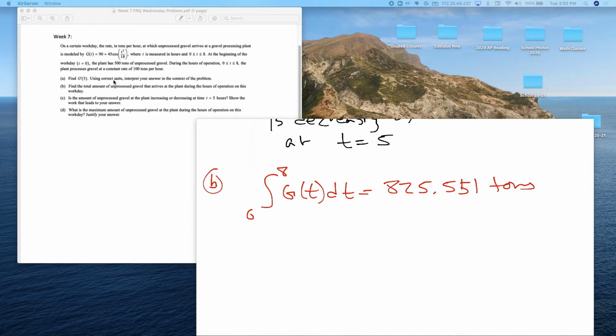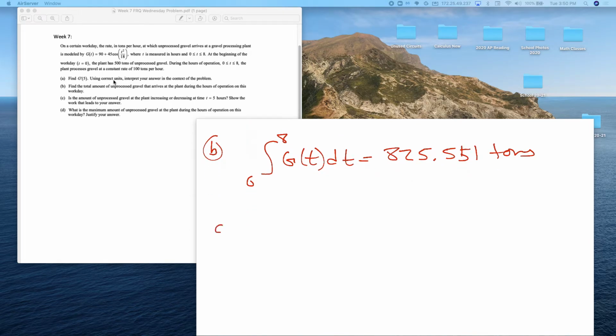Now, part C. Part C says, okay, is the amount of unprocessed gravel at the plant increasing or decreasing at time t equals 5? Well, if the amount is increasing, the rate in minus the rate out needs to be positive.